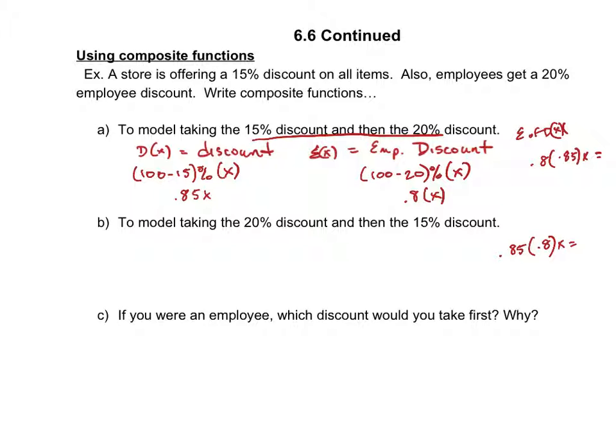It turns out that both of our answers come out the same. We're going to get 0.68, or a cost of 68%. Does it matter which discount you take first? It shouldn't, because in the end the cost is going to come out the same.